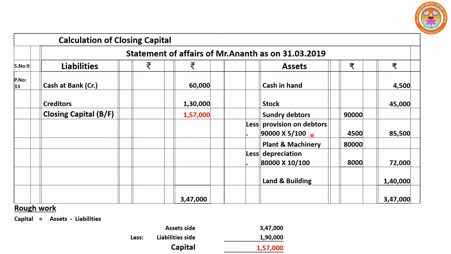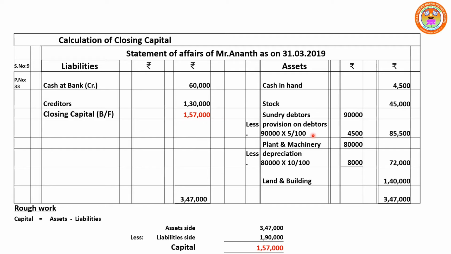Provision on debtors, 90,000 into 5 by 100. So 4,500. So bad and doubtful debts on debtors. So we have given credit sales to our customers 90,000. So year end 5% will be declared as provision on debtors.